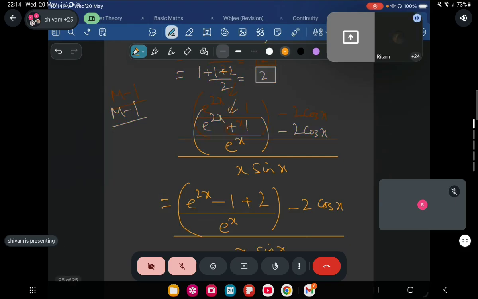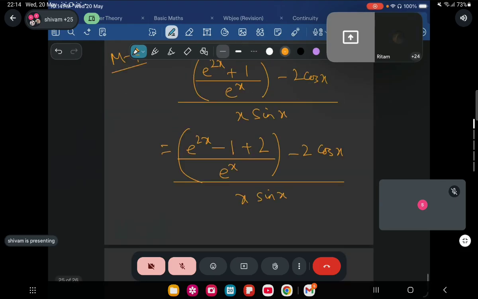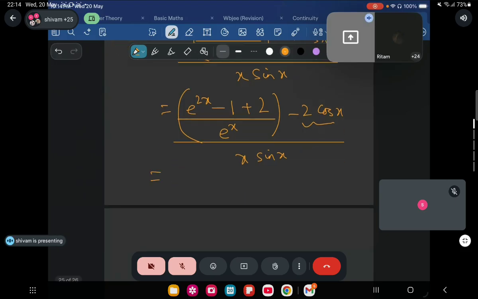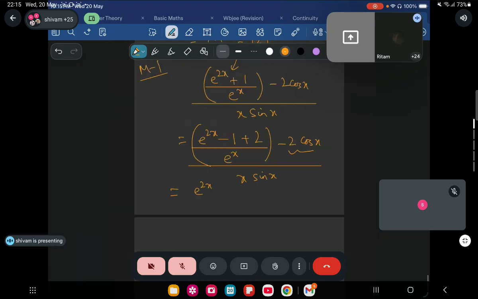And then we can add 2 and subtract 2 for the cos part, and in the denominator we can make it x square into sin x by x. So plus 2 over here, plus 2 and subtract 2. Okay, where is this going? I hope this should go somewhere. I haven't tried it actually.